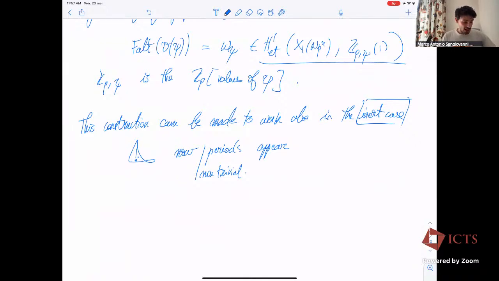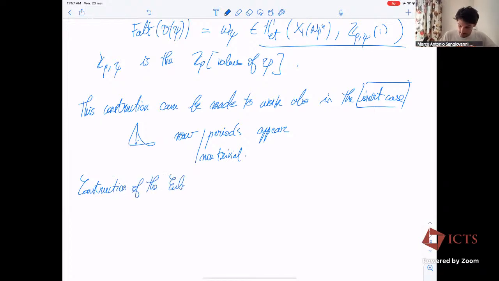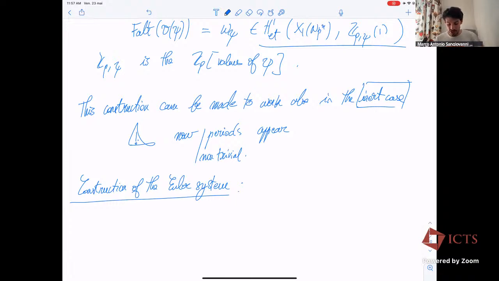Okay, so now how do we construct the Euler system? But before going into the actual construction of the Euler system, let me ask if there are any questions about what I've done so far.